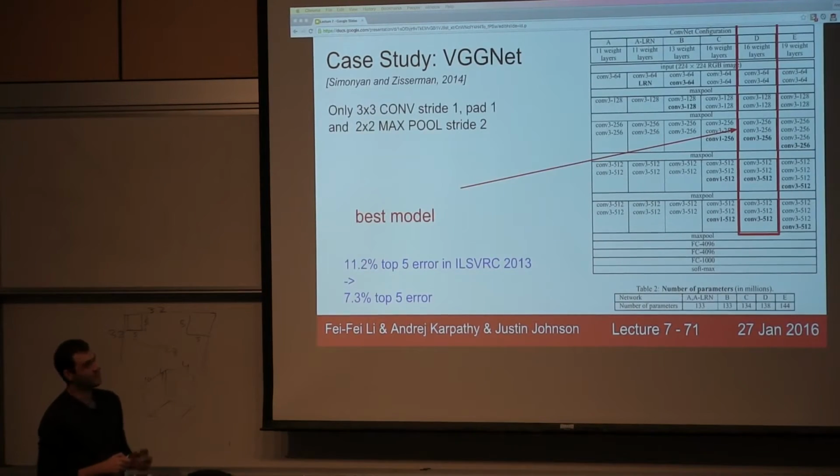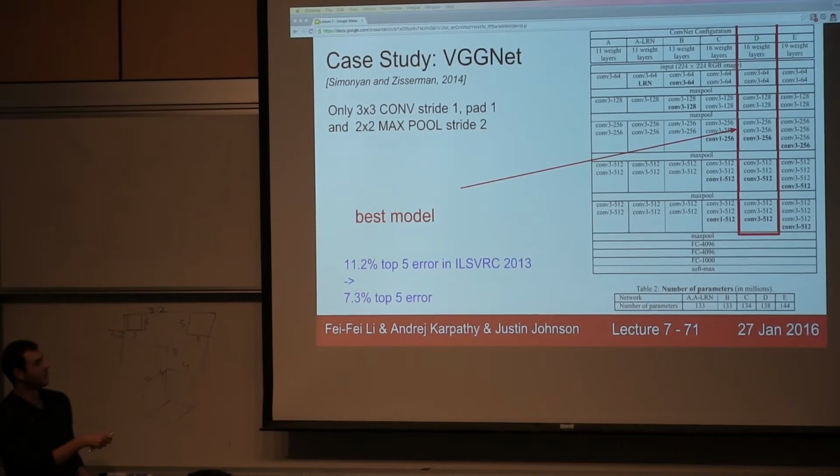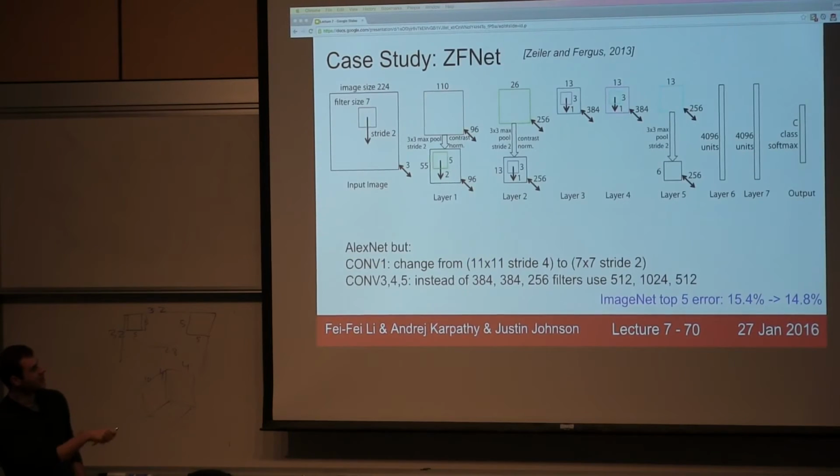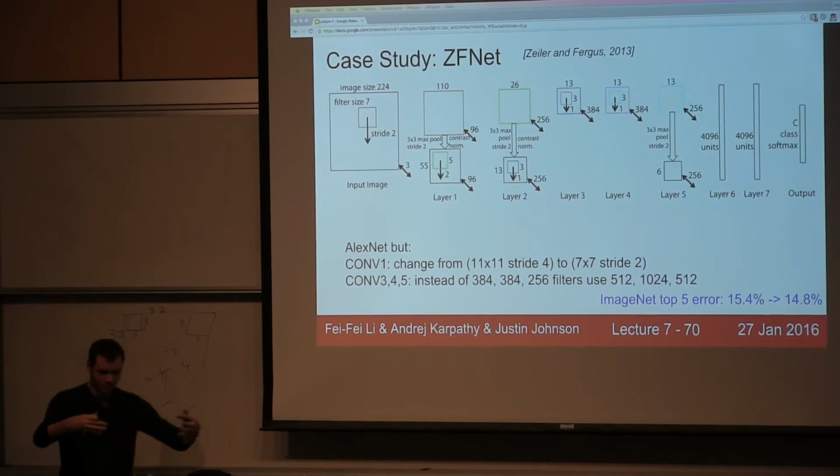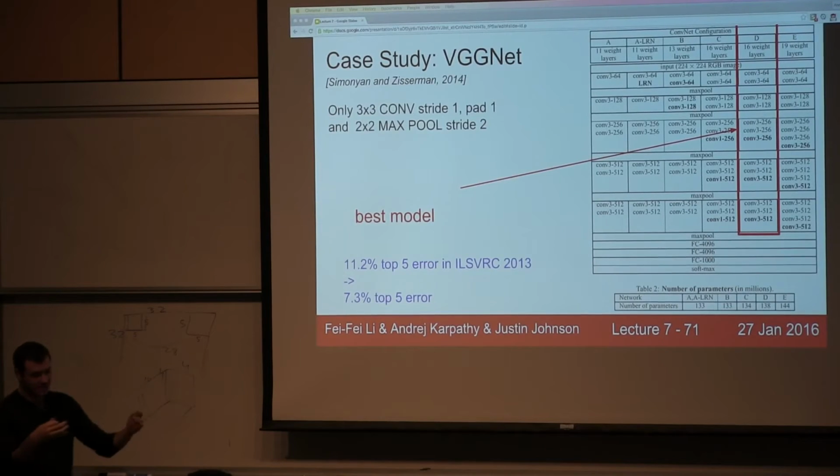Okay, so now we'll talk about VGGNet from 2014, again to give you an idea of what these look like. In the VGGNet paper, they had several architectures that they tried. What was nice and very interesting about this paper at this time was instead of going kind of crazy with the architectural choices of how many filters and how many sizes and so on, there were way too many parameters in how you change the filters, what the sizes of the filters were.